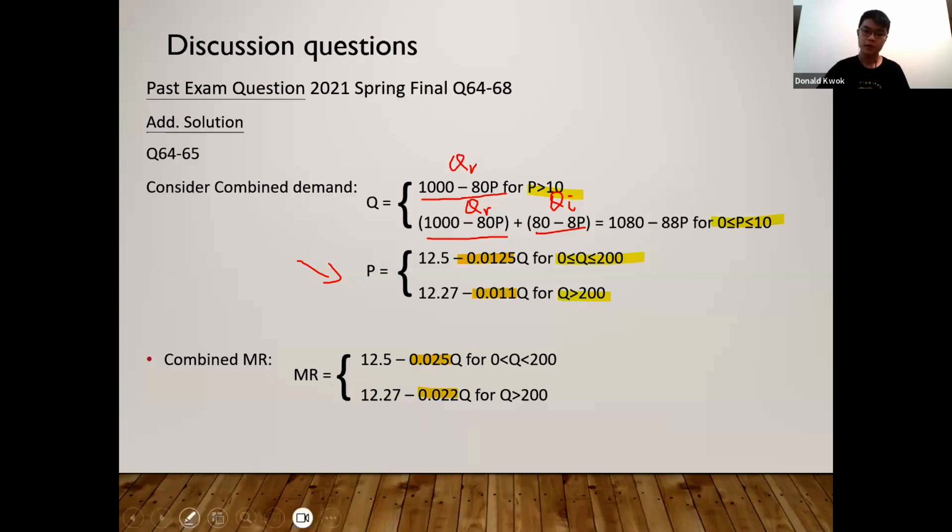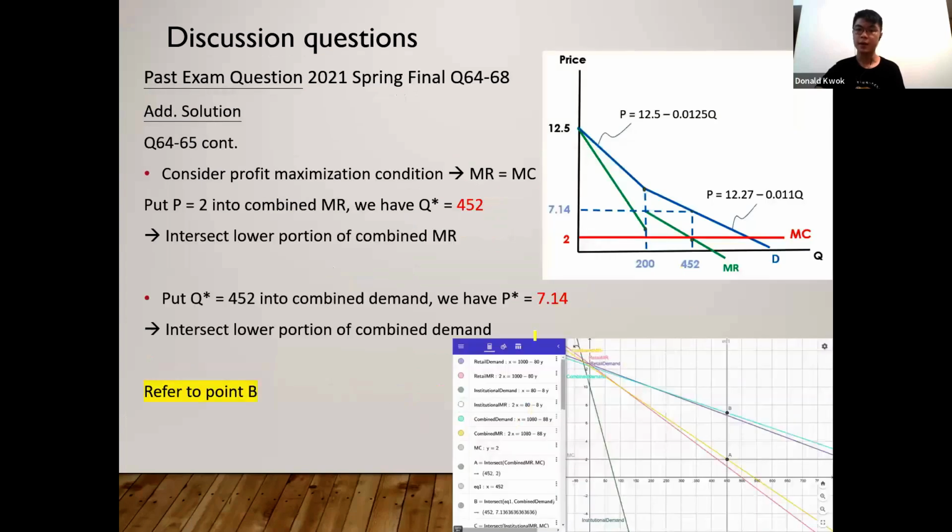For the quantity range, I just put the same quantity range as above. So this is step 2 to derive the combined MR curve. In fact, the MR curve is kinked or even discontinuous at the quantity of 200. If you're trying to understand the shape of the combined MR, it will be like this. It is discontinuous at the quantity of 200, right? It's broken at this level.